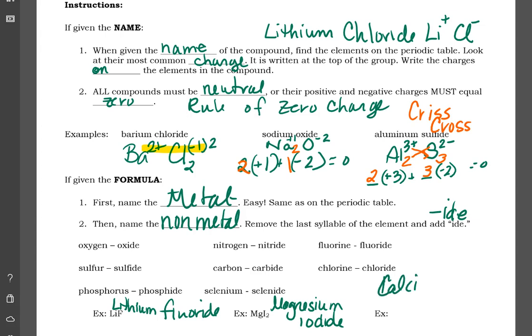Calcium. Let me write the formula out. Calcium nitride. All right, work on the next page and do a few until you feel like you've got it.